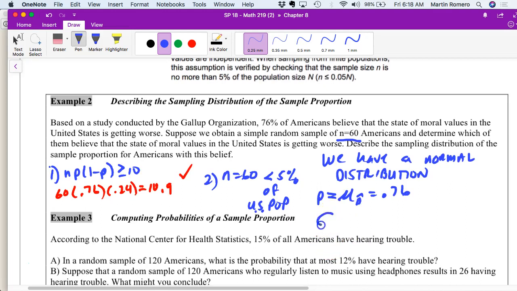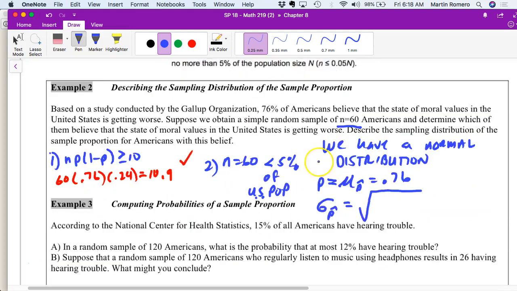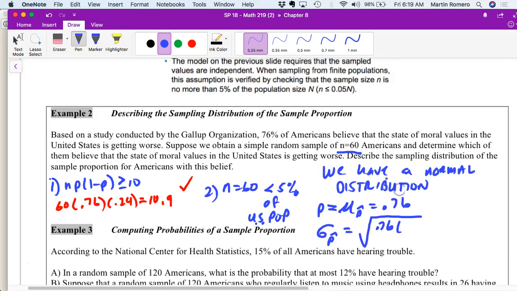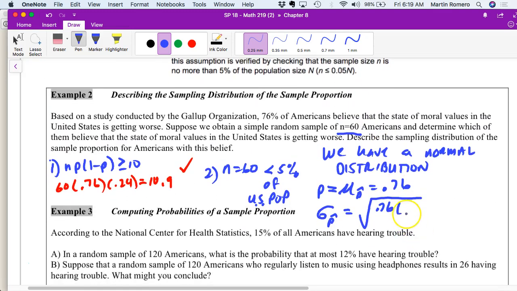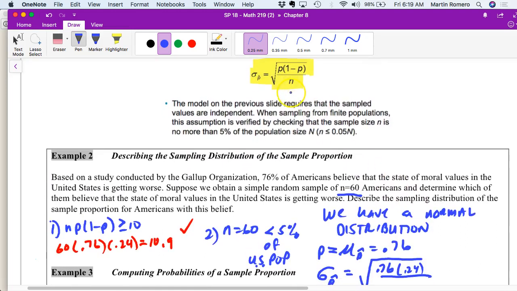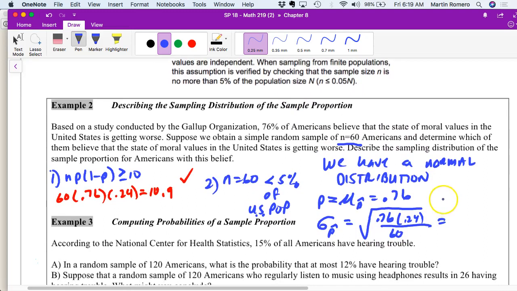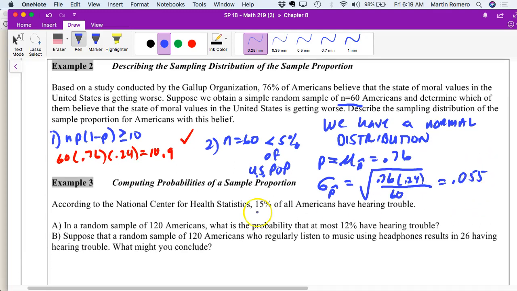And the one calculation that needs to be made is the standard deviation of p hat, which is the square root of p, 0.76 times 1 minus p, 0.24, divided by the sample size n, which is 60. Put that all together and you should get 0.055. Always check my math. I've been known to make some mistakes here. And so that's our distribution there.